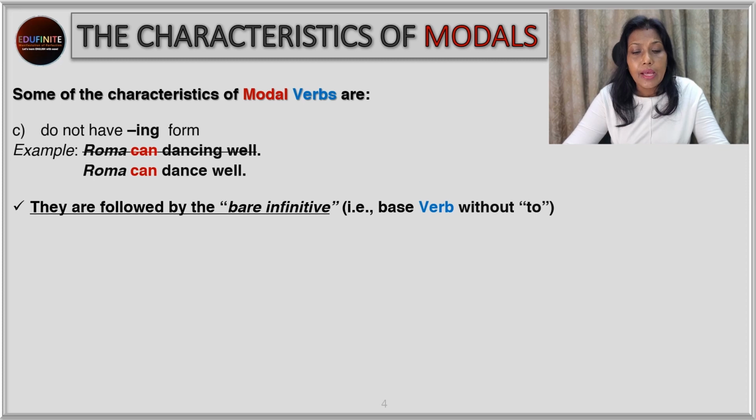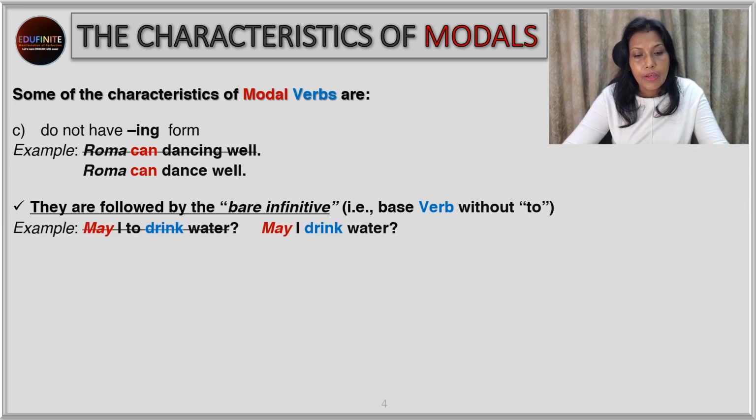Next is, they are followed by the bare infinitive. That is the base form of the verb without the to. Infinitive is what? To plus the base verb. That's the infinitive. So there'll be no to. It will be only the base verb, as we are always saying. See, dance. We cannot say Roma can to dance well. For example, may I to drink water?